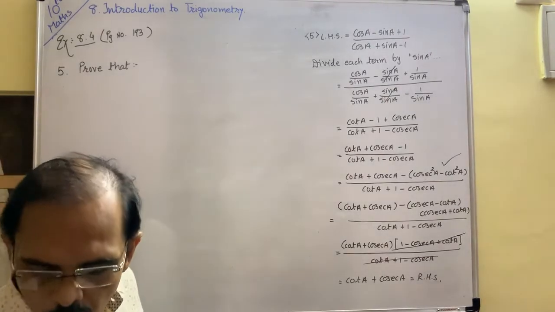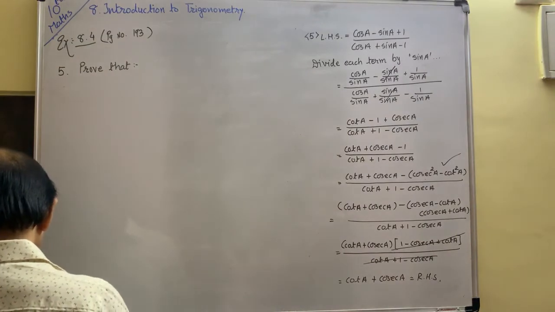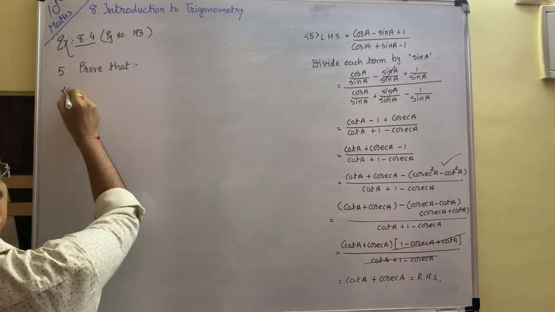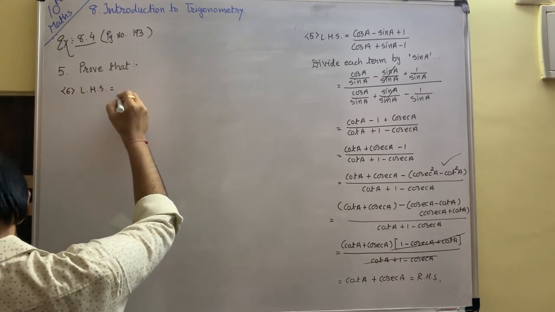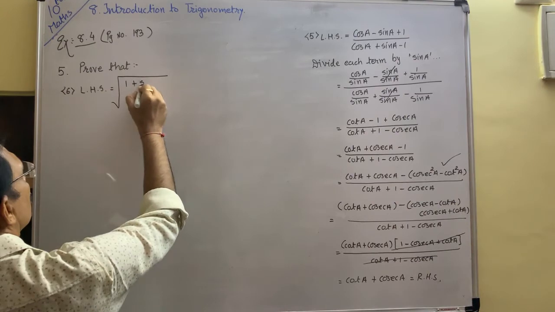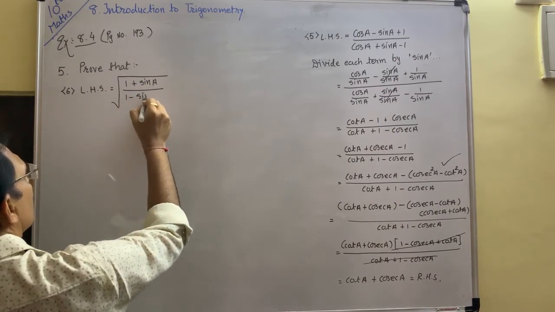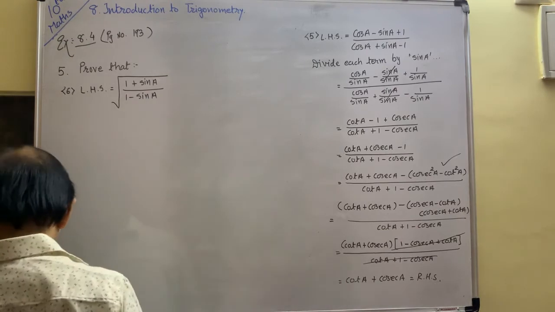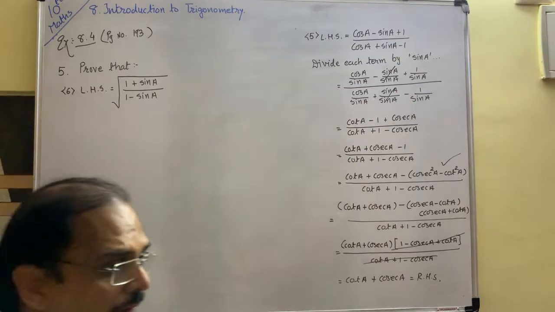Now 6th number. LHS, square root of 1 plus sin A upon 1 minus sin A, and I want to prove sec A plus tan A. See the right hand side.